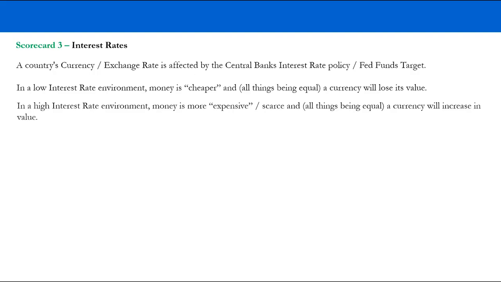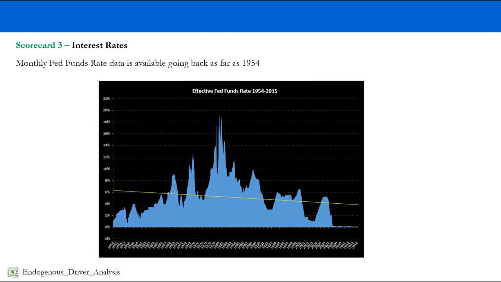And all things being equal, a currency will lose its value due to inflation. And in a high interest rate environment, the opposite is true. Money becomes more expensive. So the price of money becomes more expensive, and money becomes more scarce. So all things being equal, a currency will increase in value.